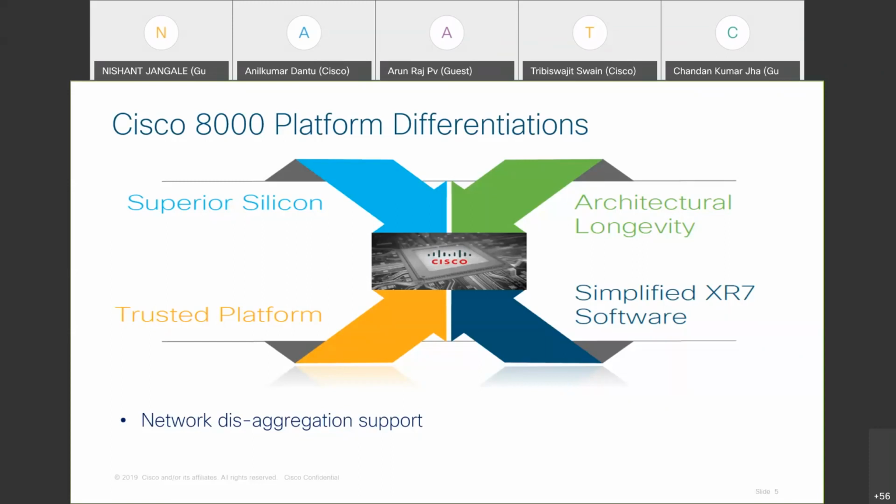Next, it is a trusted platform. Trusted platform is with regard to security features. This product is part of the Cisco trustworthy profile, meaning the hardware chips have integrity checks as well as anti-tampering checks. This is a new feature getting integrated into Cisco hardware.